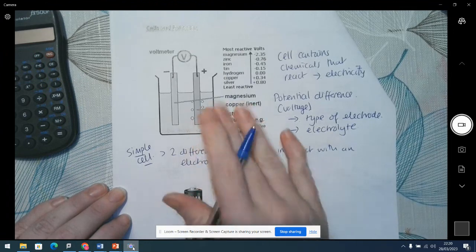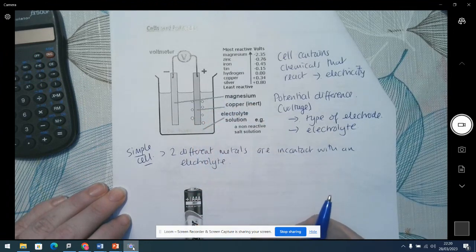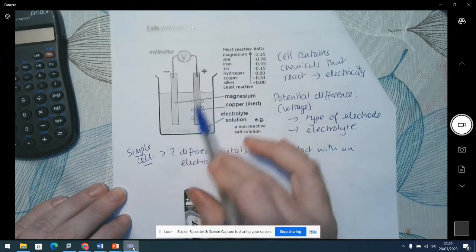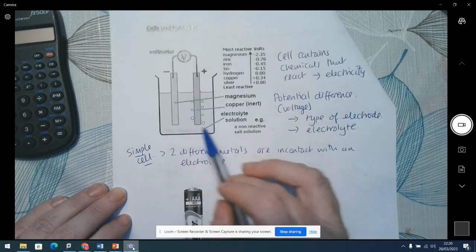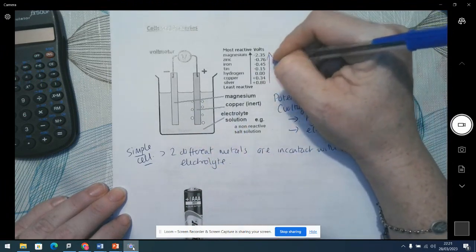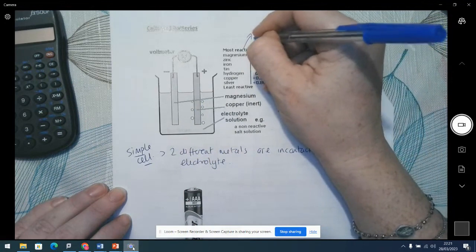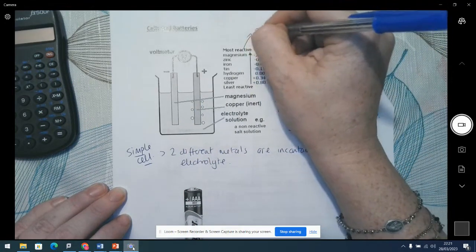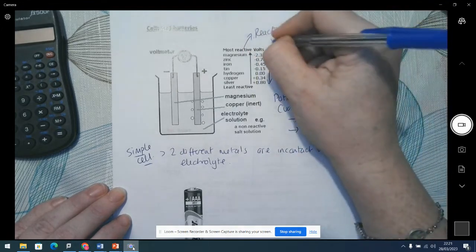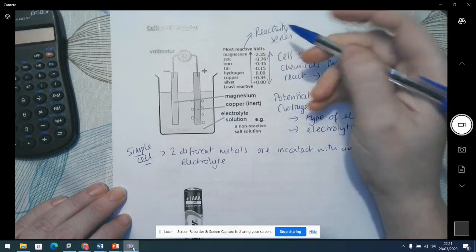Like I said, I would definitely suggest you watch the electrolysis video before you come here. But an electrolyte has ions that can move freely within the solution. I do want to point out that this type of question does link to the reactivity series, and I have seen it. So again, I would suggest you watch the reactivity series video.